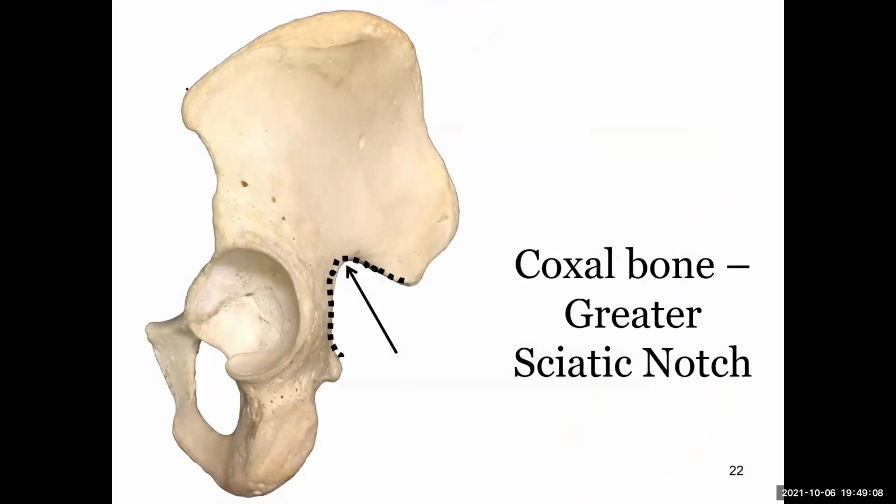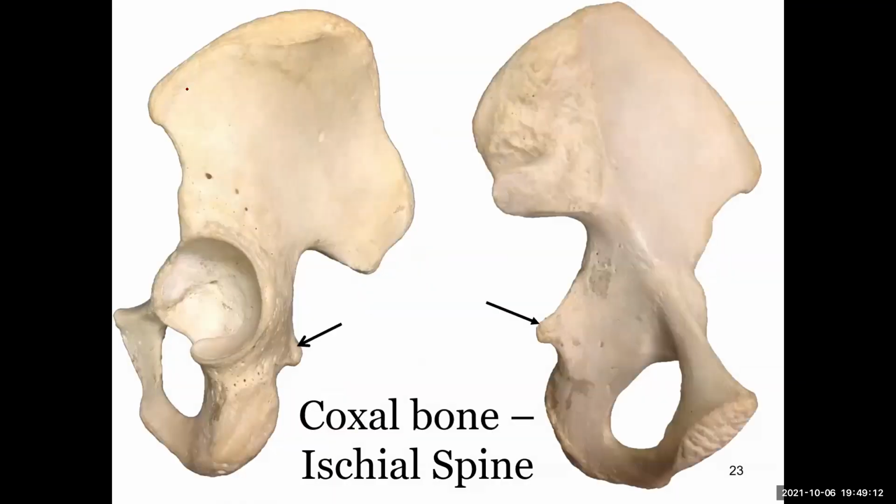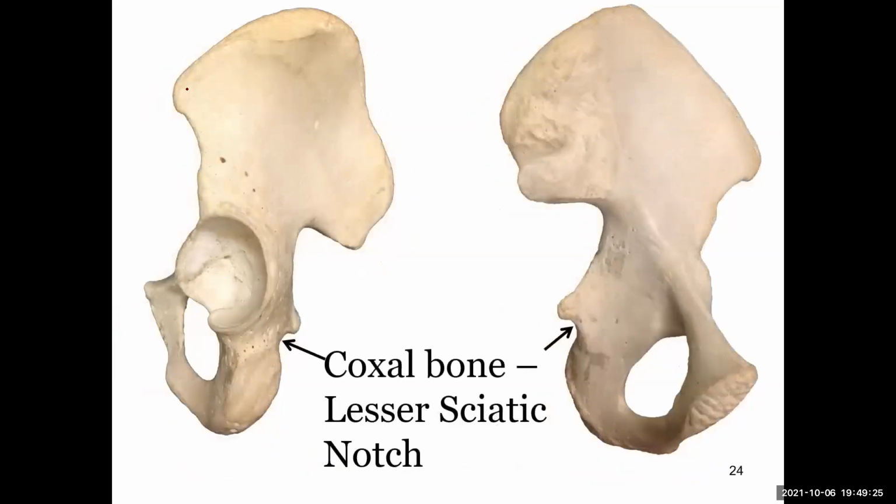So that's the greater sciatic notch. Then right below the greater sciatic notch, you got that little nubbin there, and that's the ischial spine. The ischial spine is found on the ischium. And then below the ischial spine is the lesser sciatic notch.